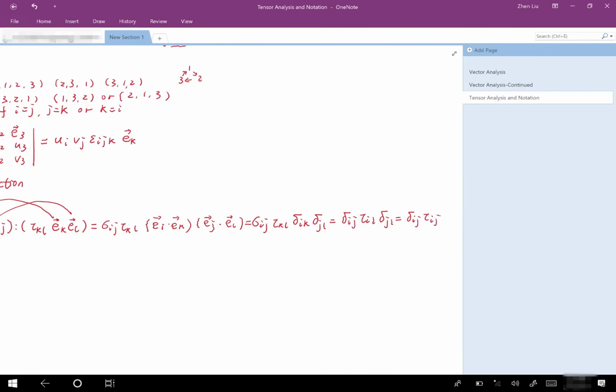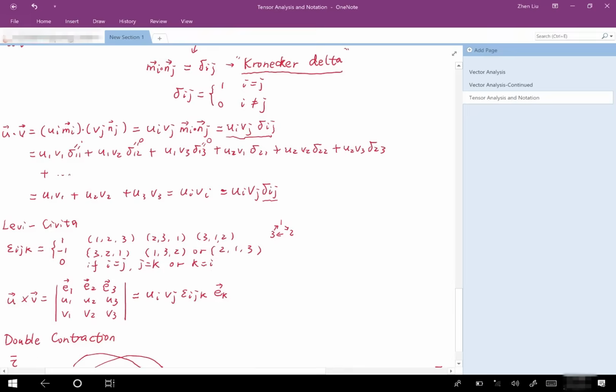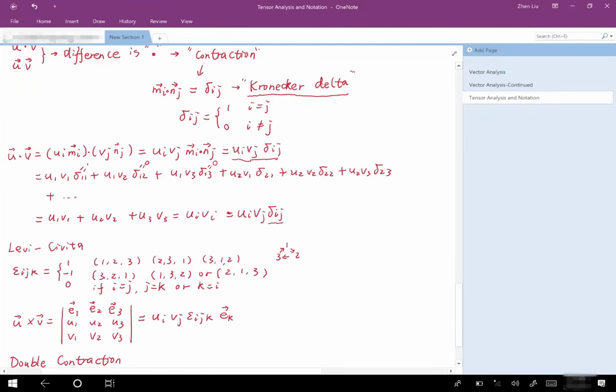For this delta_jl, if you want to remove it, you just need to replace subscript j with subscript l, or we will replace subscript l with j. So here we will replace l with j, and get rid of this. If you don't understand it, go back to what we did here.